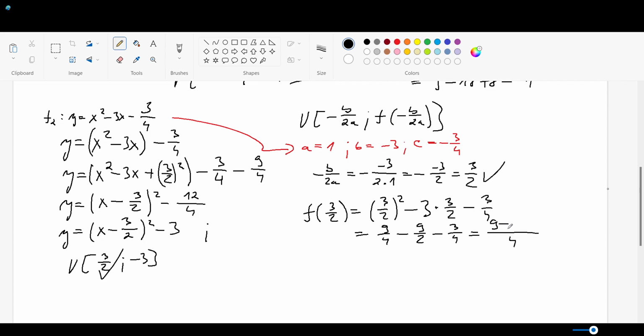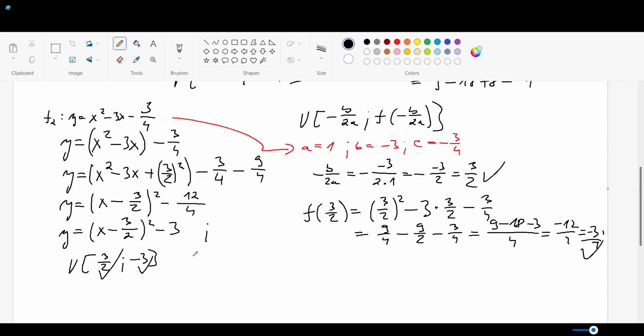So it's going to be 9, take away 18, take away 3, which is equal to negative 12 over 4, which is equal to negative 3. So we are again right, and this is it.